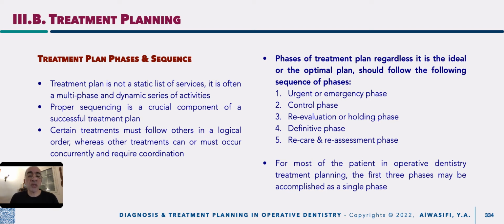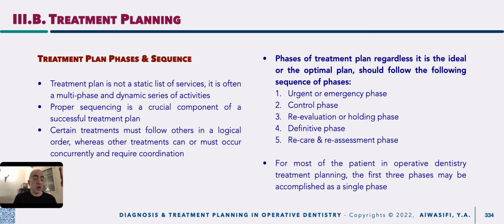That's what is meant by dynamic: you have definite stops every now and then to evaluate your treatment, evaluate the patient's perception of your treatment, evaluate the degree of motivation, and decide whether to continue to the next step, go back, or just wait to control the condition.